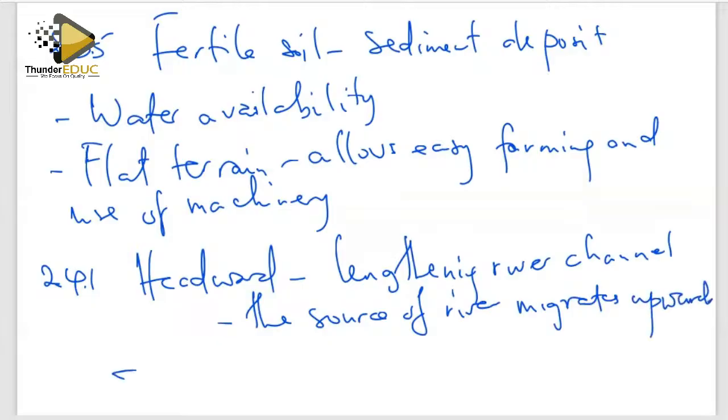So if a stream is like this, the source is here. If it's migrating upwards, maybe the next season the source is now here, the next season there, and the next season there. So we are seeing that the total length of the river is accumulating. This is headward erosion.